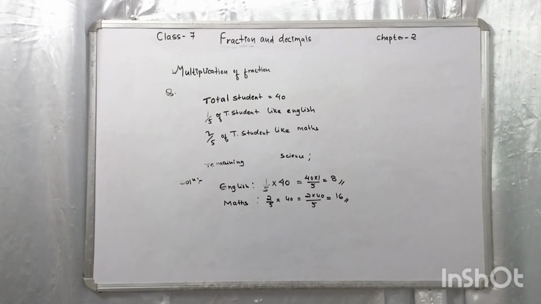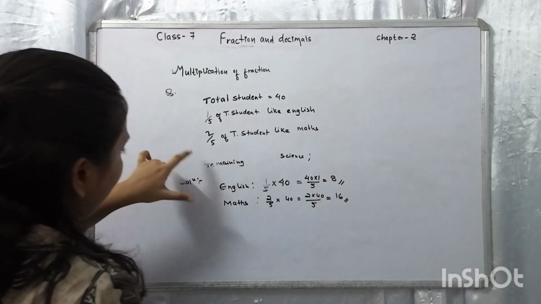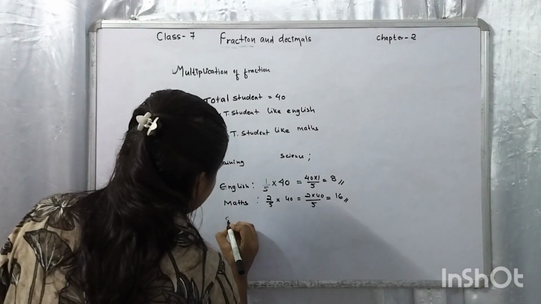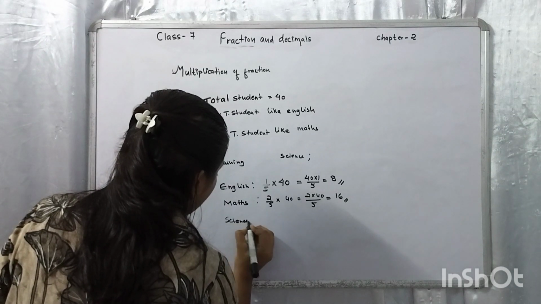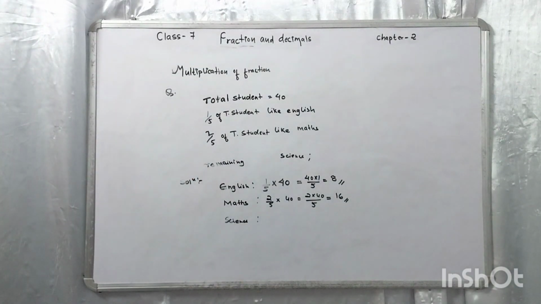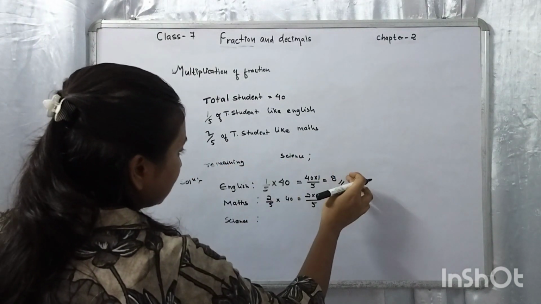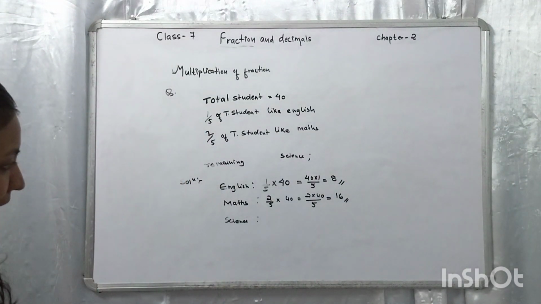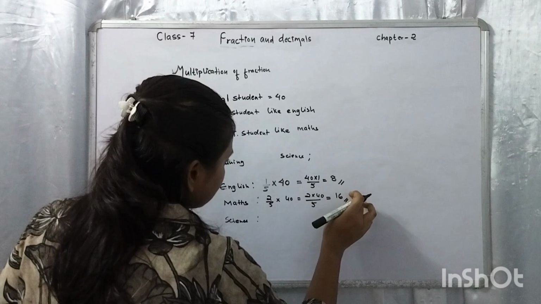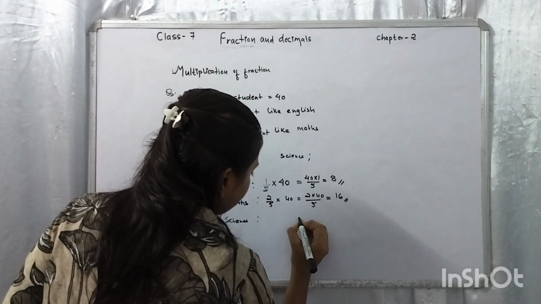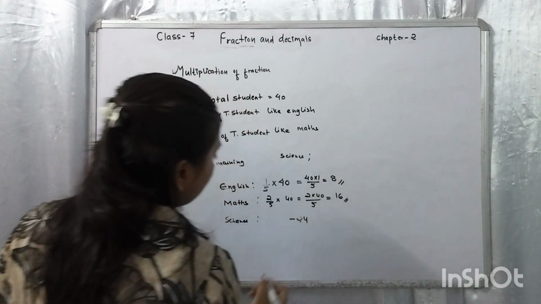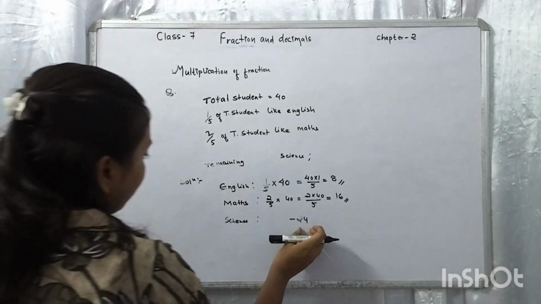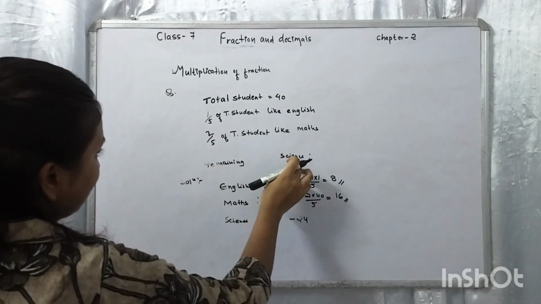Now for science, we won't use the other formula, but what we will do is use the remaining students. First we got to know that 8 students like English and 16 students like maths. So we will add this up. So 16 plus 8 is 24. Fine. We know that the remaining students love science.